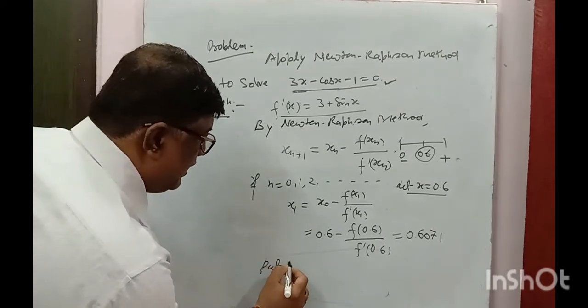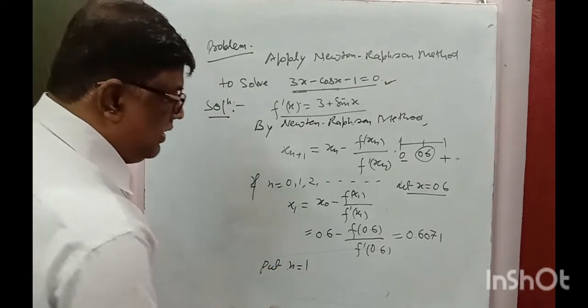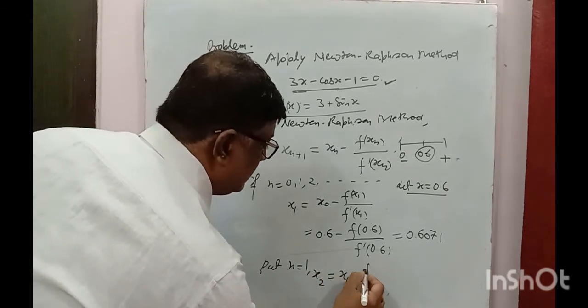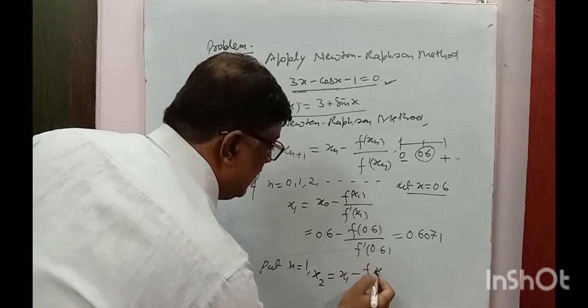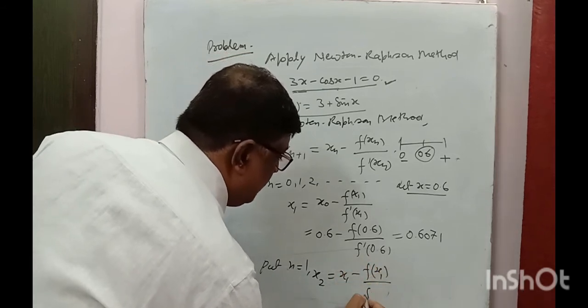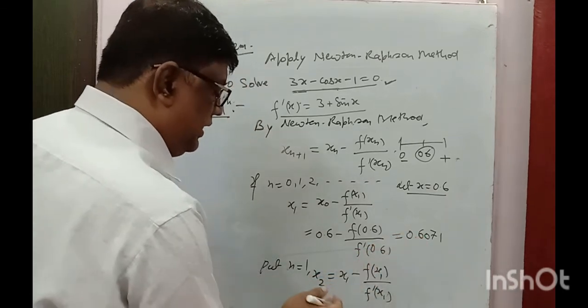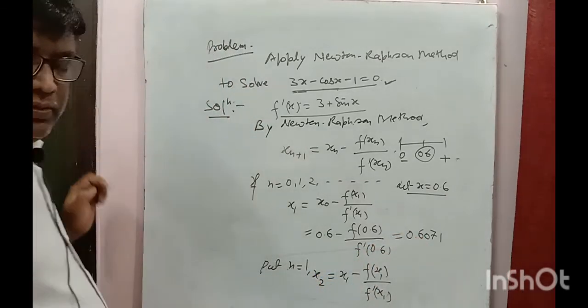Now come on to the next approximation. Put n = 1, then x2 = x1 - f(x1)/f'(x1), and put the values in this equation.